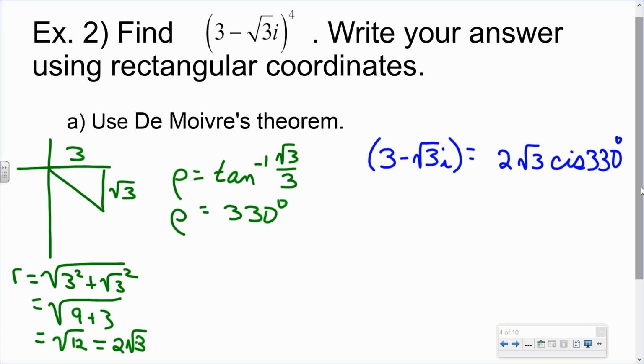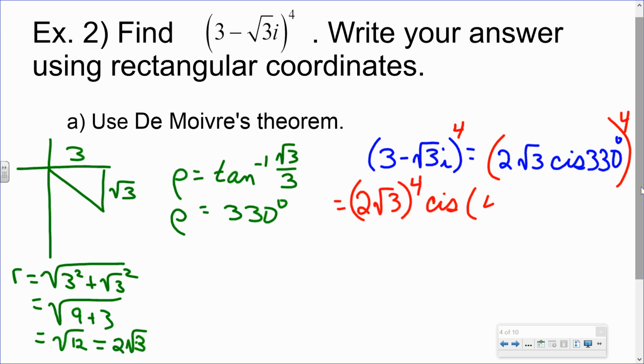Okay, is that what this problem asks me for? Does it ask me for 3 minus root 3i? It asks me for 3 minus root 3i to the fourth. Now I can use DeMoivre's, and I can say that that is 2 root 3 to the fourth times the cis of 4 times 330.